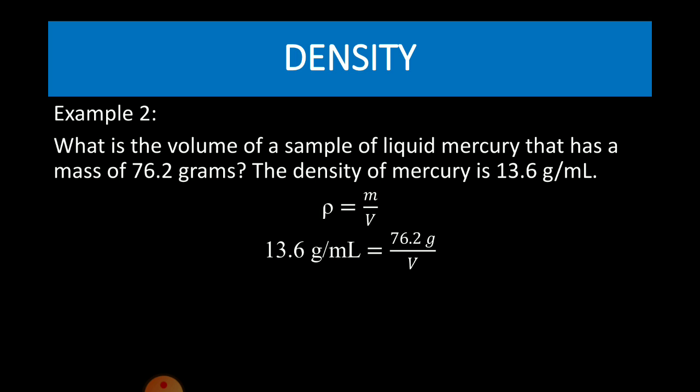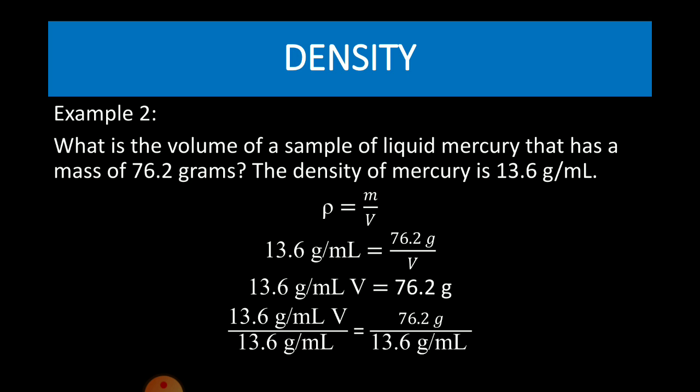Then cross multiply, so 13.6 grams per milliliter times volume or V is equal to 76.2 grams. In order for us to solve for V, let us divide both sides of the equation by 13.6 grams per milliliter.